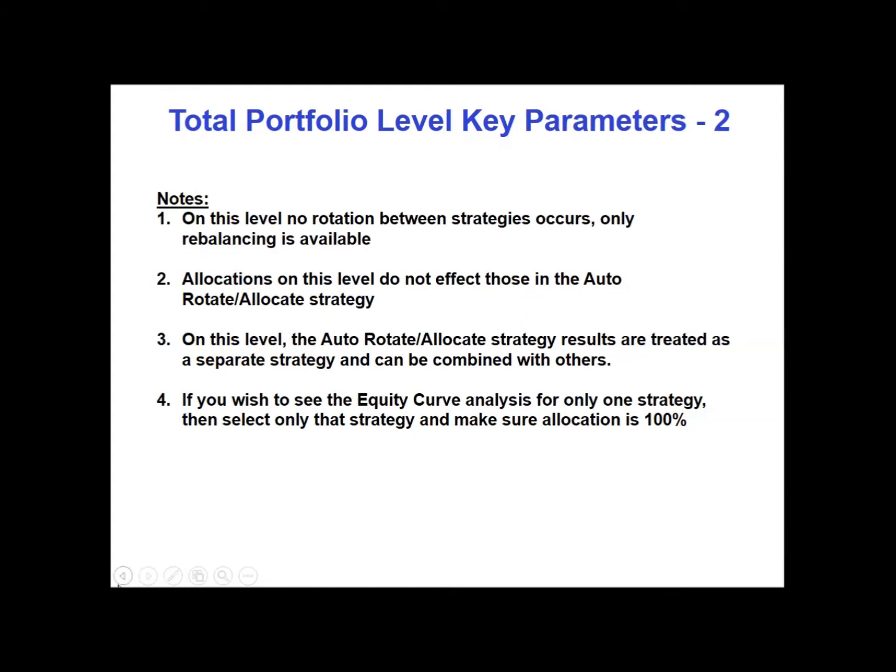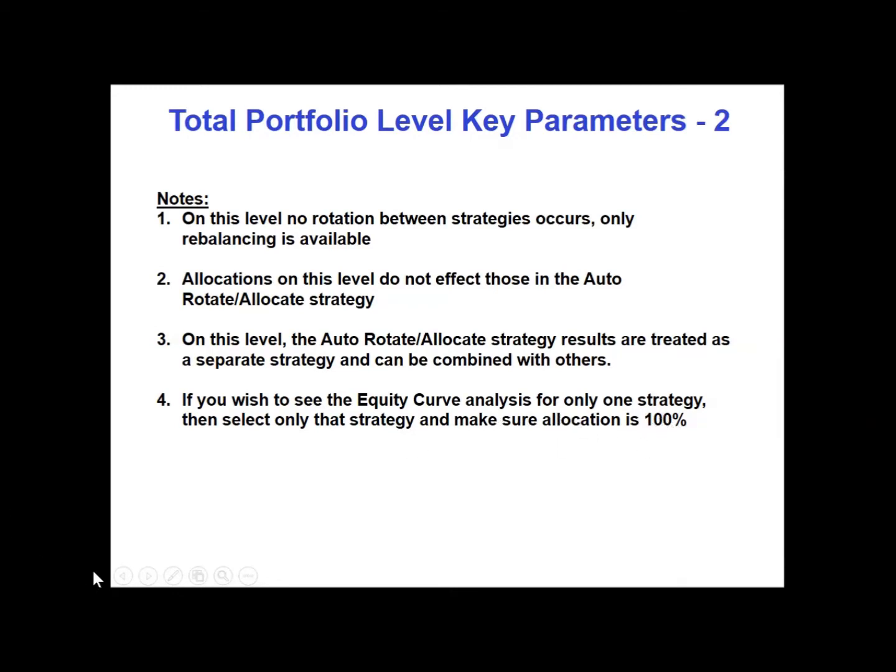Now, if you wish to see the equity curve and all the other stuff that's down below for only one strategy, then just select that one strategy. It actually doesn't matter what the allocation is in that case, but I'd recommend setting it to 100% to make things easy.